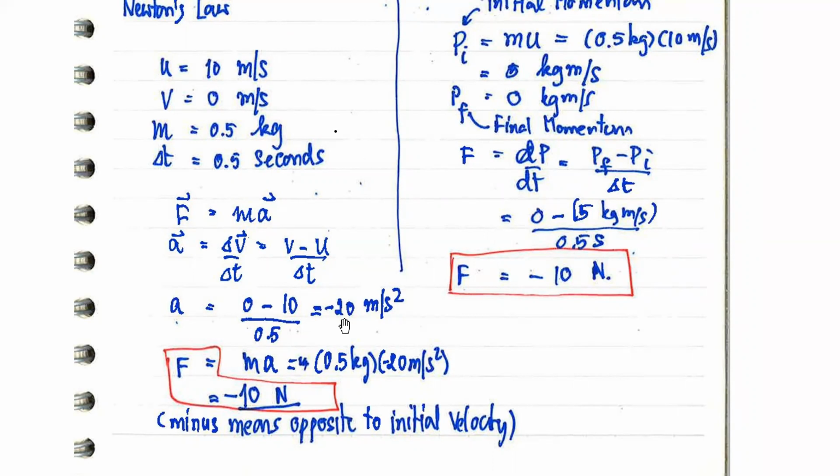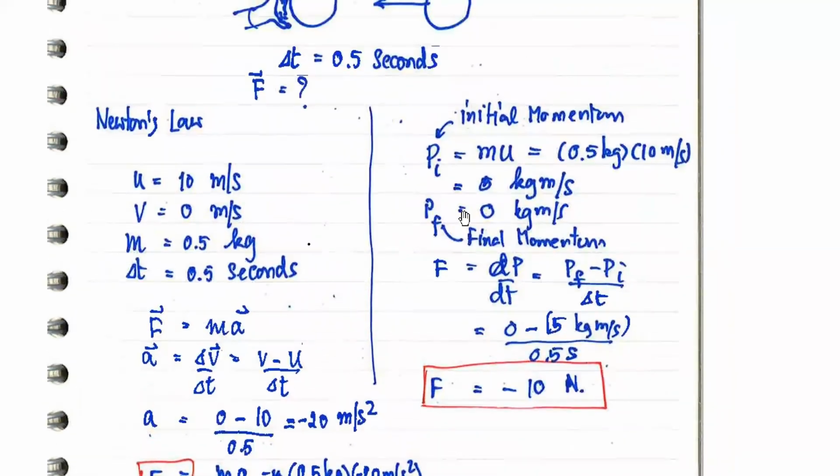And the minus suggests that it is in the opposite direction to the initial velocity. Now we use Newton's second law, F equals ma, and you multiply the mass by the acceleration, 20 times 0.5, so you get around 10 newtons, which is equal to the weight of a 1 kilogram object. So it's not that hard to stop.